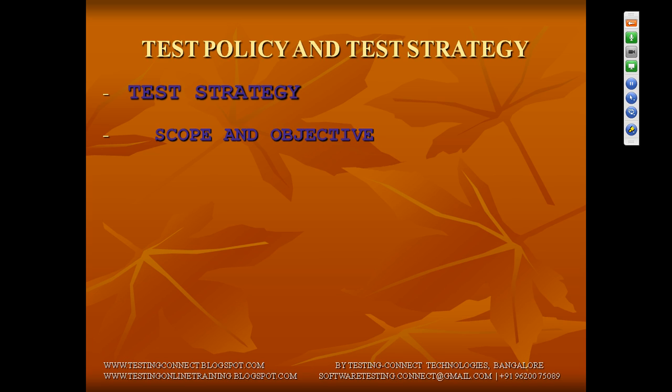Then you will come up with risk and mitigation, contingencies, and configuration and change management, training plan. Like this, around 15 steps you will come across in your test strategy. We go one by one.